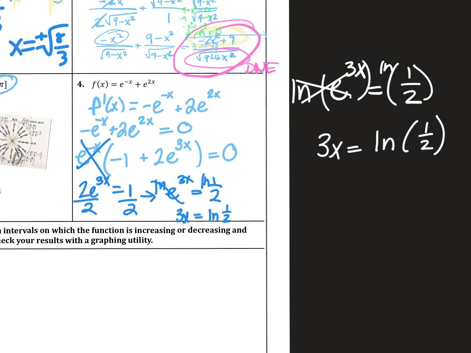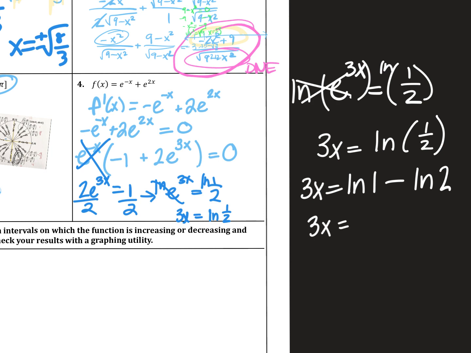We're not quite done. We have to use what we remember about logarithms when they are divided. So ln of 1/2 is the same as ln of 1 minus ln of 2. Anybody remember what ln of 1 is equal to?